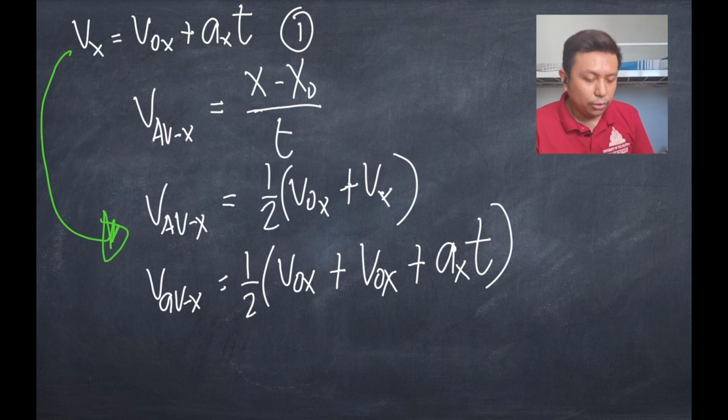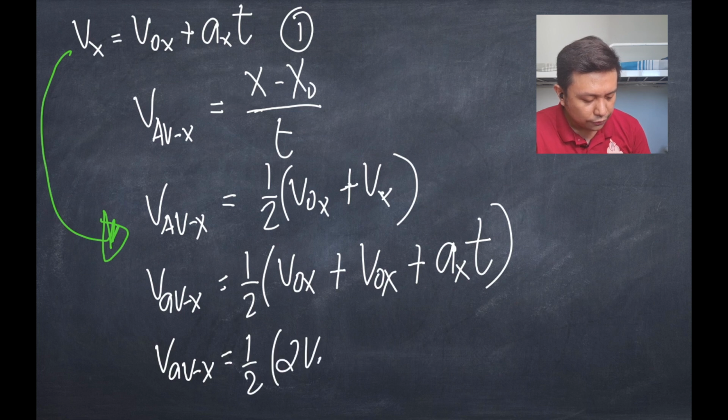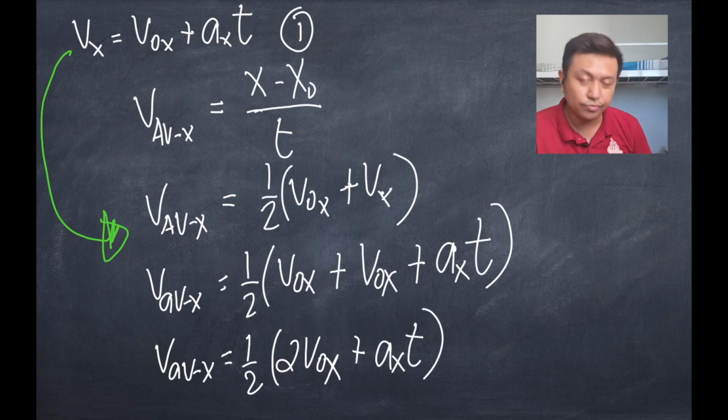And then we can simplify this further. V average of x is equal to 1/2 times 2 v naught of x plus ax times time.